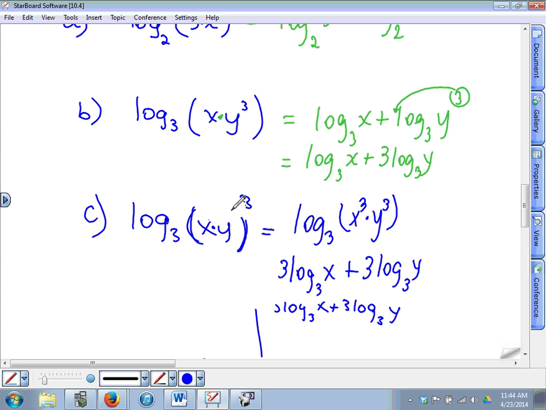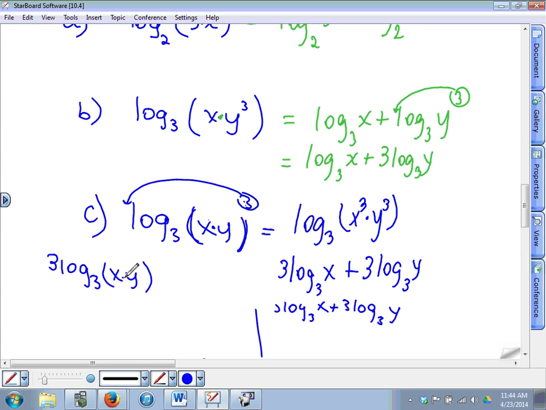Instead of distributing that exponent inside, listen carefully, this only works if the exponent is on the outside of the parenthesis. Remember how I said property 3 you usually only do at the end? This is the one case where you can do it at the beginning. If the exponent's on the outside, you can just take that and move it down to the front, and you have 3 times the log base 3 of xy.